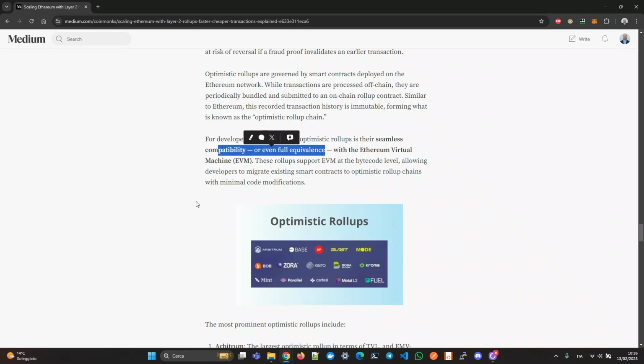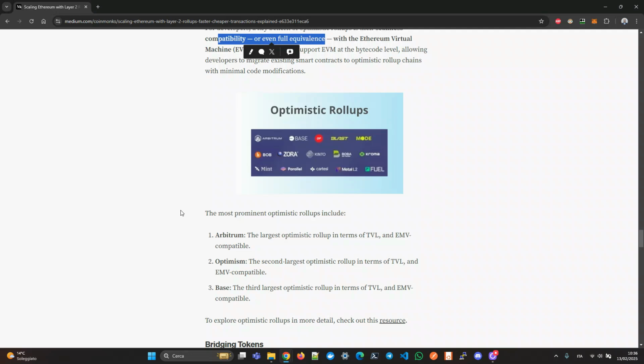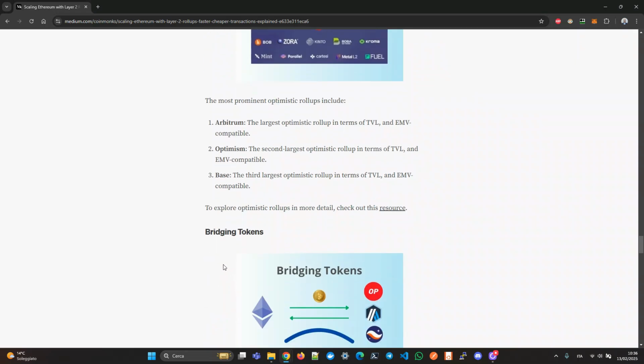So we also inherit the security from the code standpoint. The most prominent rollups in the ecosystem at this moment are Arbitrum, which is the largest optimistic rollup in terms of TVL, then Optimism, which is the second most important, and then we also have Base, which is provided by Coinbase.